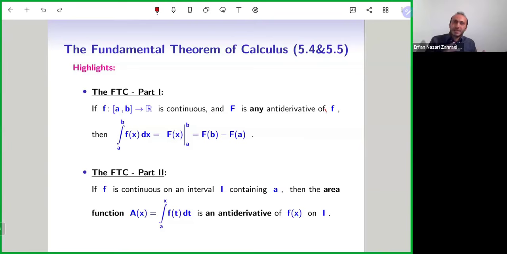In the other part, it's the other way. It uses the area to find an antiderivative, to create an antiderivative using area.